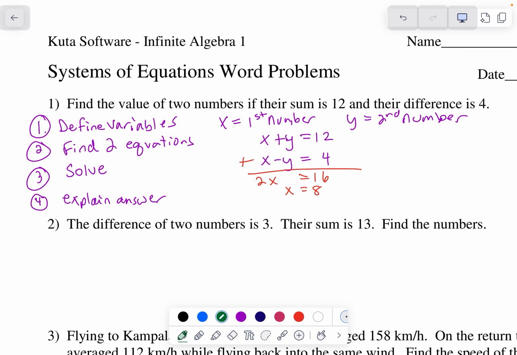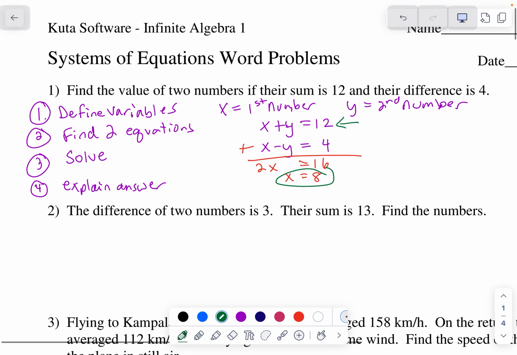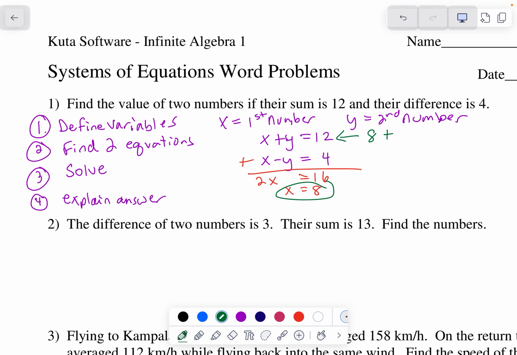I'm going to stick that answer in up here. You can stick it into either equation. Doesn't matter which. I know that 8 plus y is equal to 12. Just take out the x in one of your equations and replace it with the value of 8 that it is. If I subtract 8 from both sides, I get y is equal to 4.